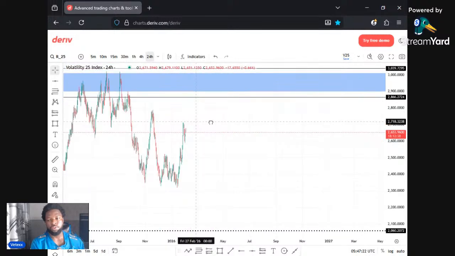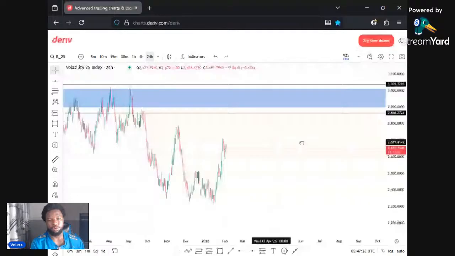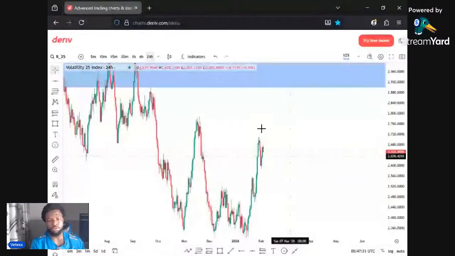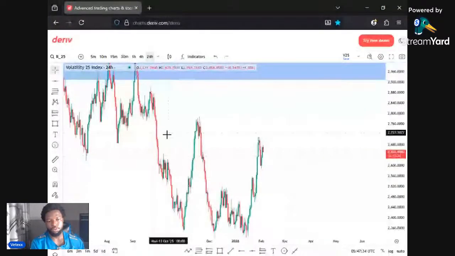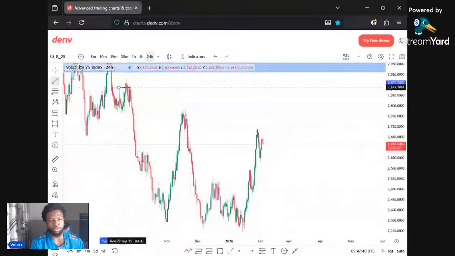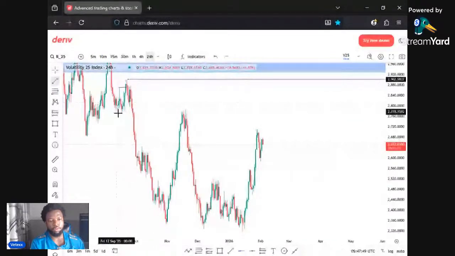And on the daily time frame, we have this. We have this point of interest. Sorry, sweep of liquidity, break of structure.